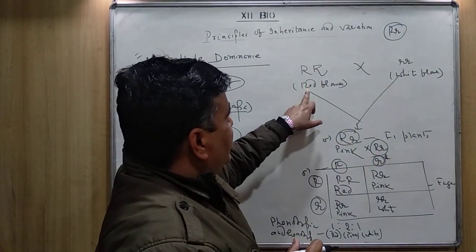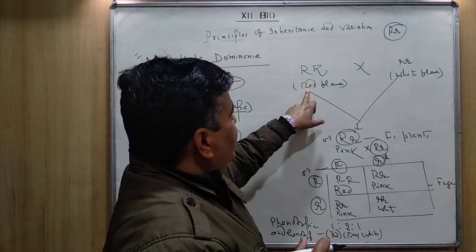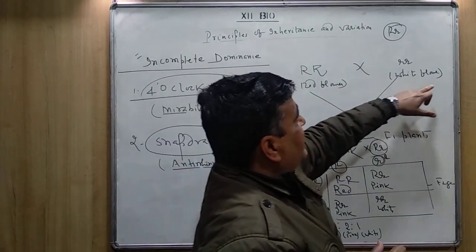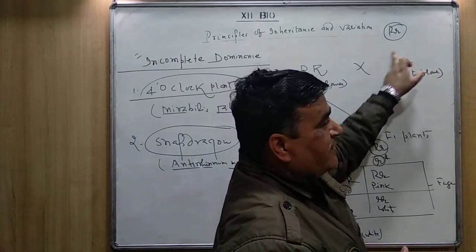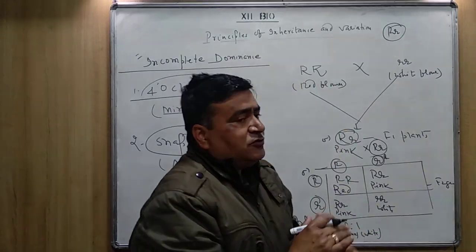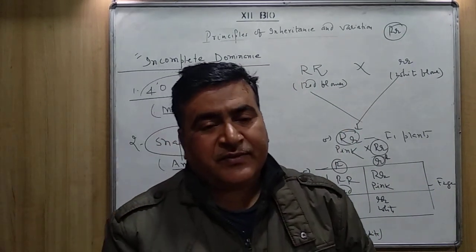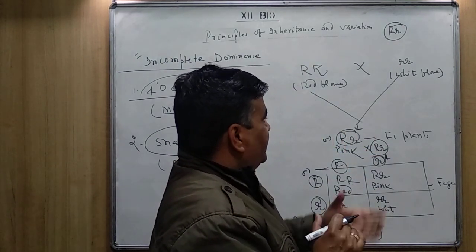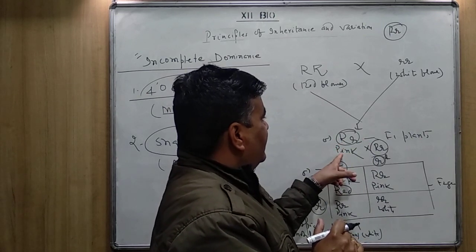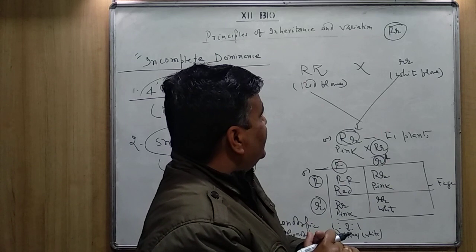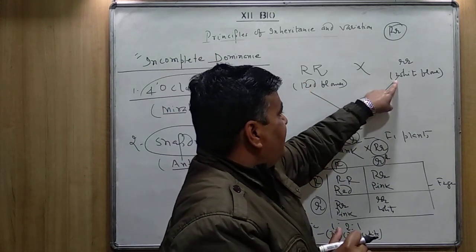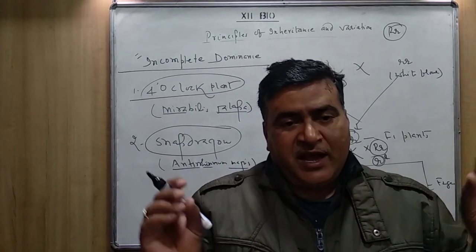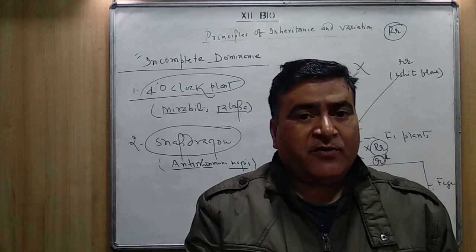Here in the 4 o'clock plant and snapdragon, a plant having what kind of flower? Red flower. And another plant having what kind of flower? You can see here, white flower. And when these two plants were crossed together, in the F1 generation what kind of flower did the plants have? Pink. Here the parents are red and white, but in the F1 generation, all the plants appeared having what kind of flower?